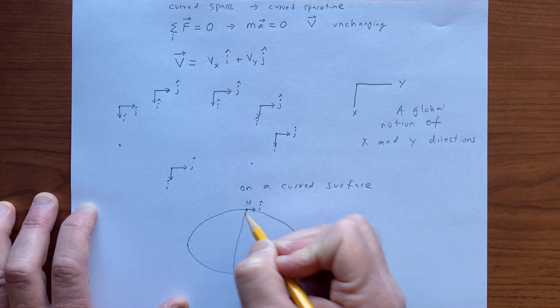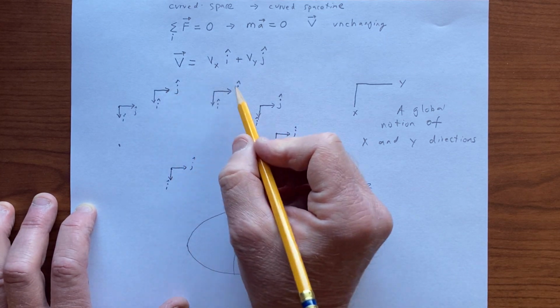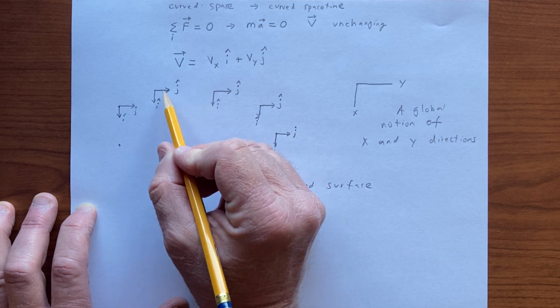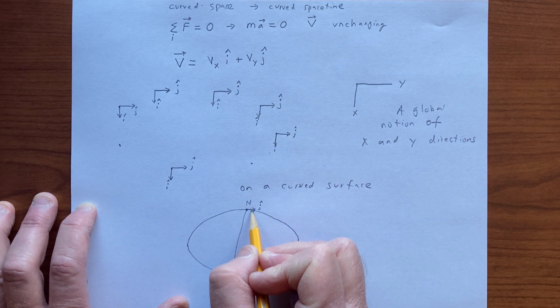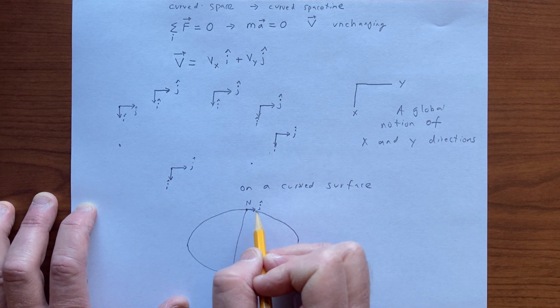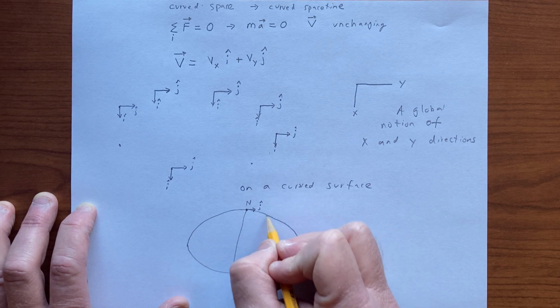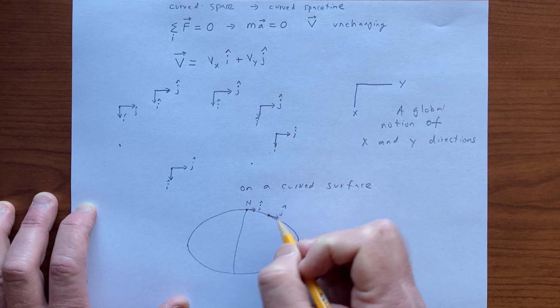So it's X and Y. And now I follow what I did here. I'm trying to keep these things parallel. So the Y direction continues to point to the right. And so as I'm moving away from here, I'm on the surface of the sphere, and I'm going to continue to point that way. So my Y direction, my J hat looks like that there.